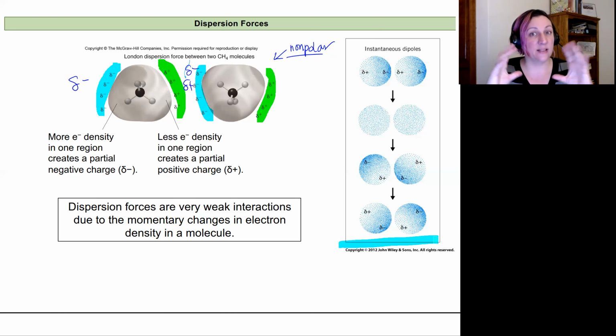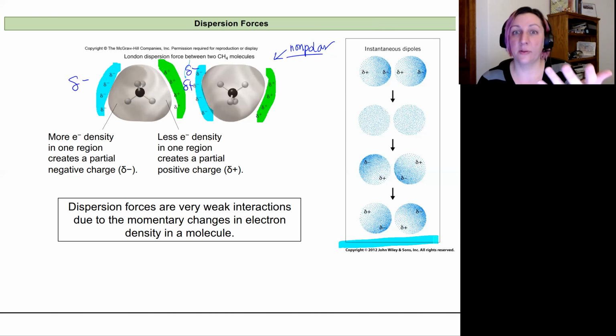Now, if it's in the solid state, then the positions of those particles are more stable, not permanent, but stable, and so that temporary dipole moment doesn't change quite as much. And that's what London dispersion forces are.